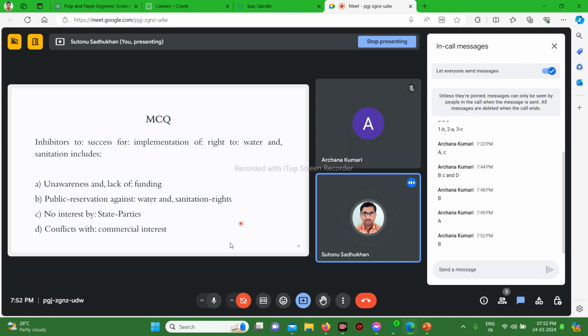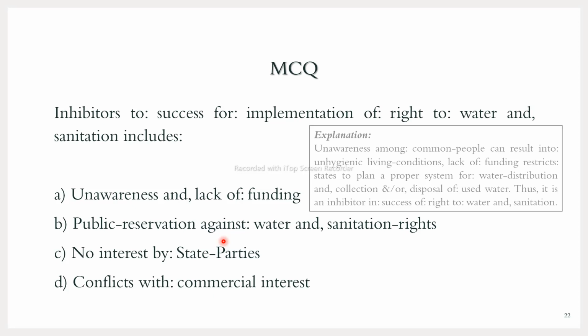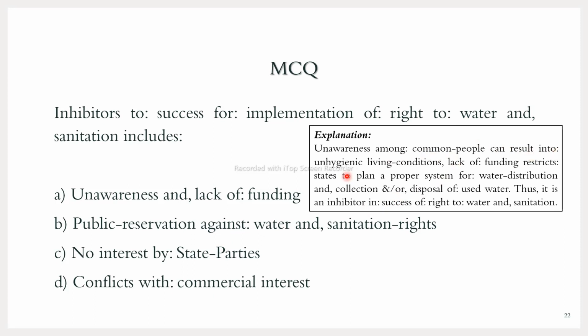Okay, we're telling option B, public reservation against water and sanitation rights. So the explanation is unawareness among common people can result in unhygienic living conditions.